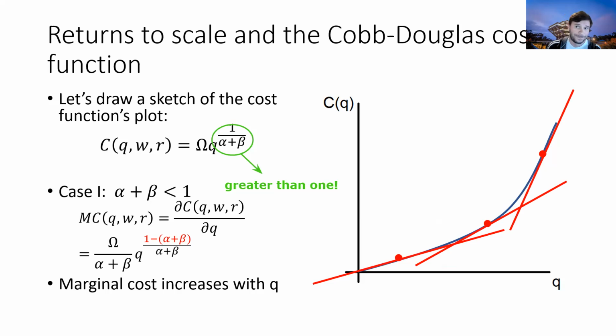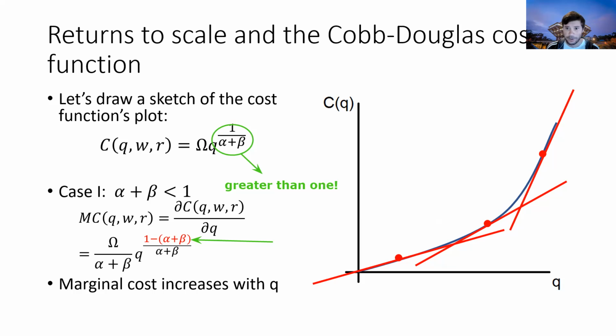Okay. However, if we had a constant returns to scale technology, what would be true about that exponent in the red in the bottom? It would be 0. And then you get Q to the 0 power.